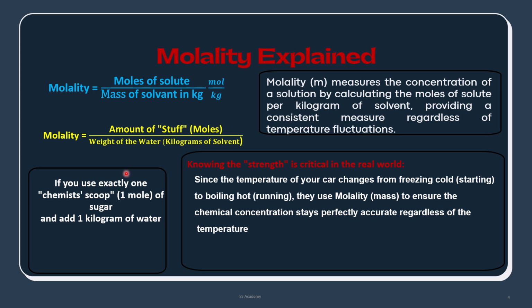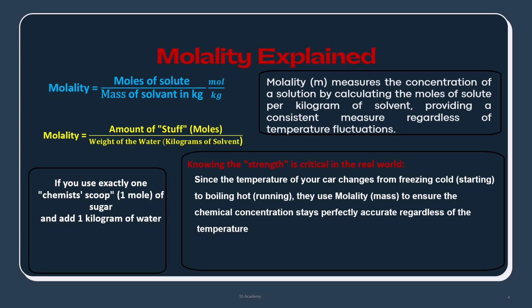We also discuss a real life example, just like how we did in molarity. We use one scoop, approximately 1 mole of sugar, and we have 1 kilogram of water. Now what will happen to the strength? We use this formula to calculate it.